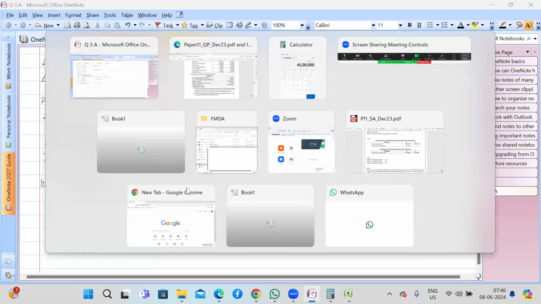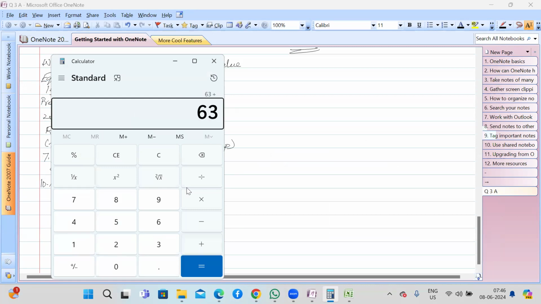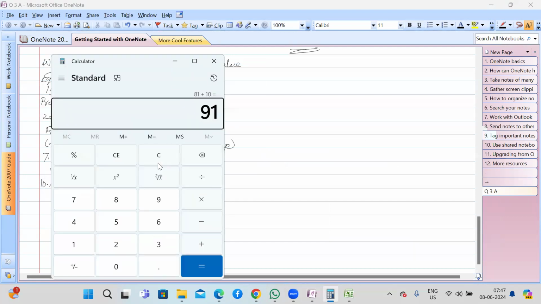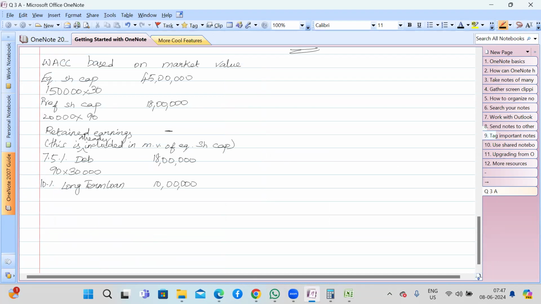So 45 plus 18 plus 27 plus 10, which is around 1 crore. So this is my market value.